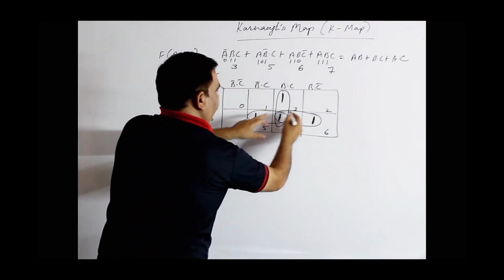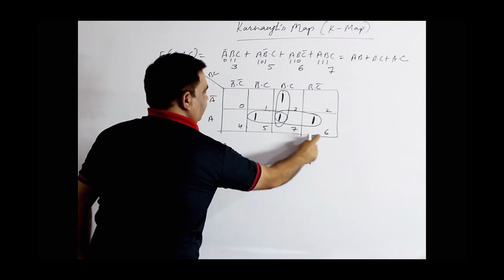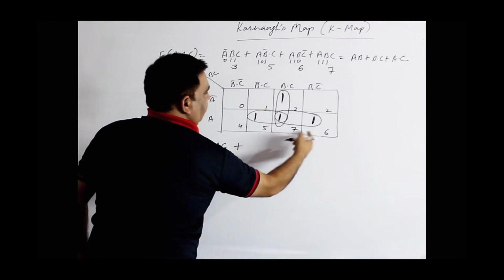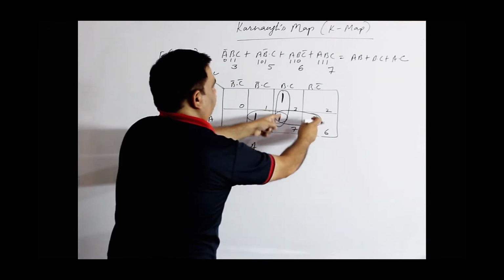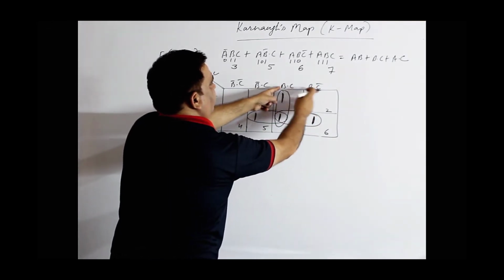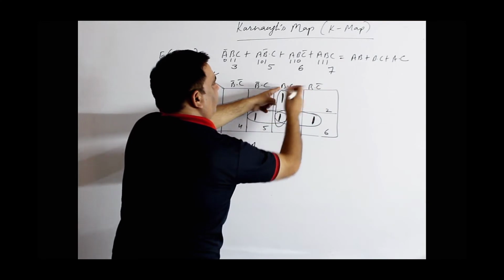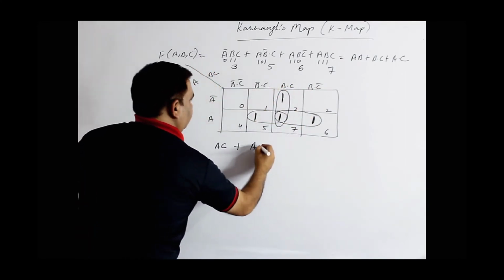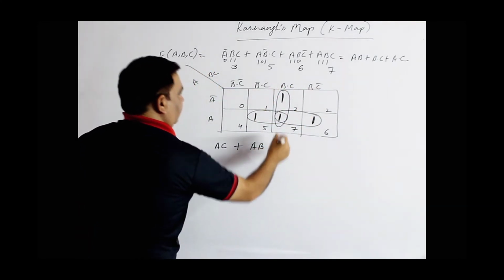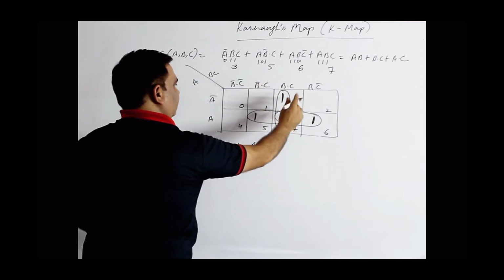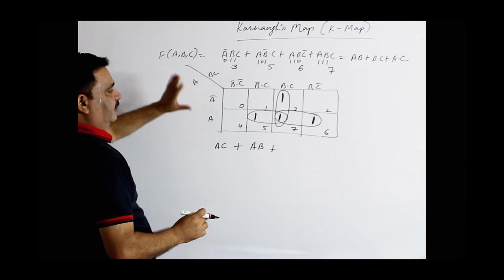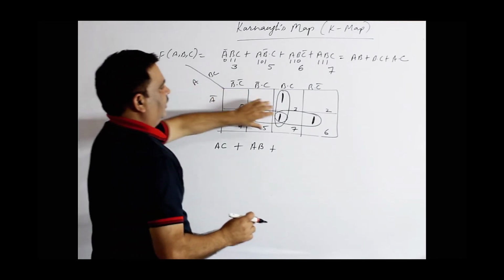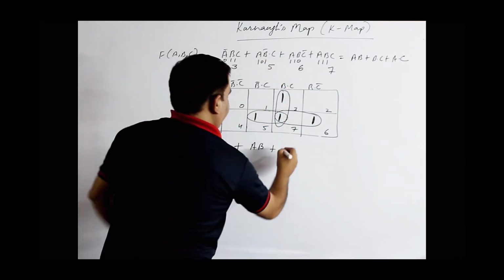Now, for the second pair of 7 and 6, for the 7 column and 6 column, for 7 the left side is only A. On the upper side you can see B is common and C is changing to C complement, so eliminate this and write B. Now, for the vertical column, for columns 3 and 7, left side A changes to A complement, remove it, and only take the upper one, that is BC.